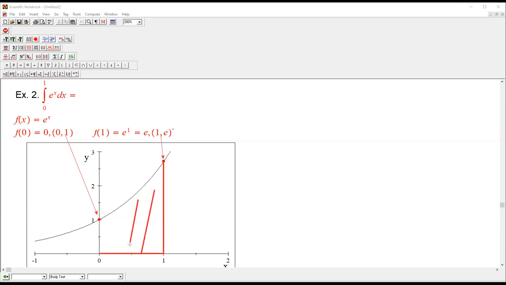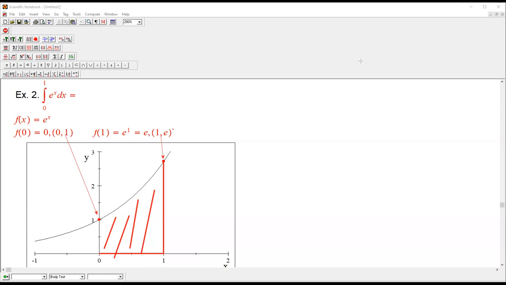If you just shade, that's the area of interest. So when we write this notation, we are interested in the area underneath the curve. You can see the meaning. One is to find the antiderivative, and the other one is to find the area between the curve and x-axis. It's very important to understand this notation.